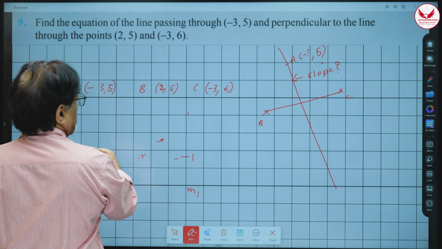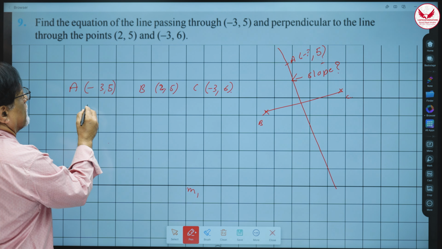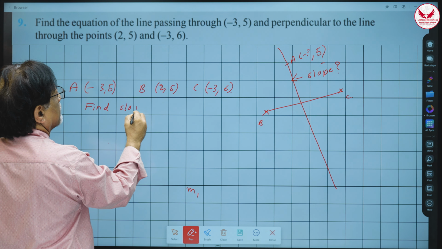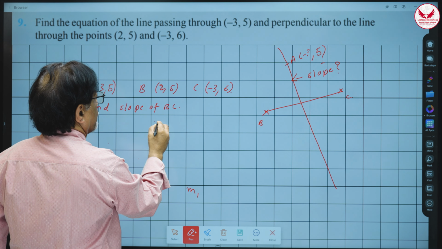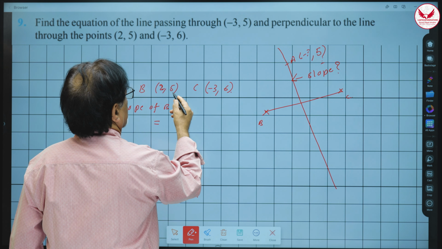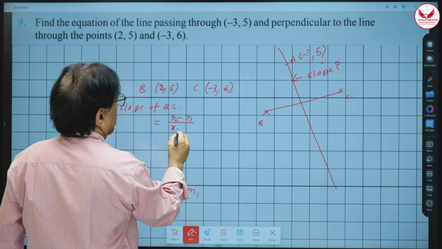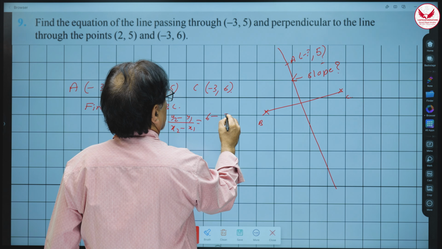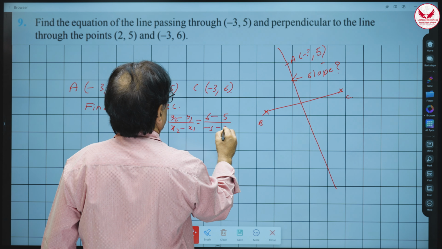Now step number 1, find the slope of BC. For that you need the formula (y2 minus y1) upon (x2 minus x1). So that is 6 minus 5 divided by minus 3 minus 2.